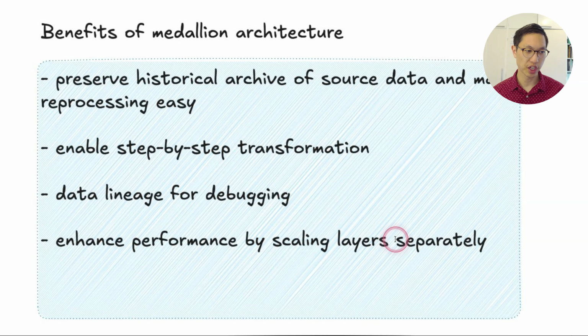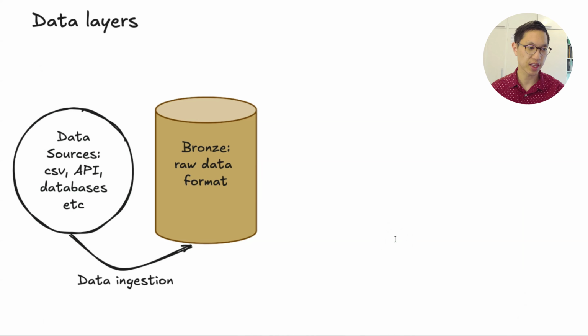So let's move on here. We have the data layers. For example, we have data sources like CSV, API, databases, etc. Then we do something called data ingestion into the bronze layer, the raw data format. What do we mean by the bronze layer? It could very simply just be a schema. You could divide it into several schemas: one for bronze, one for silver, one for gold.